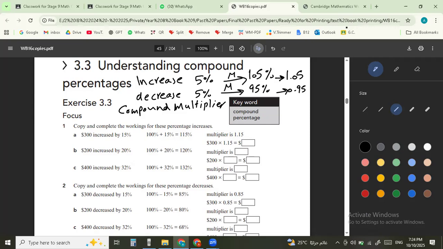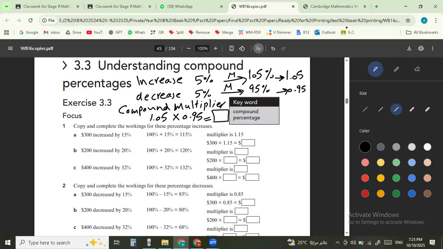If the price of a specific item increases by 5%, then decreases by 5%, the compound multiplier is 1.05 multiplied by 0.95. You multiply them by each other.